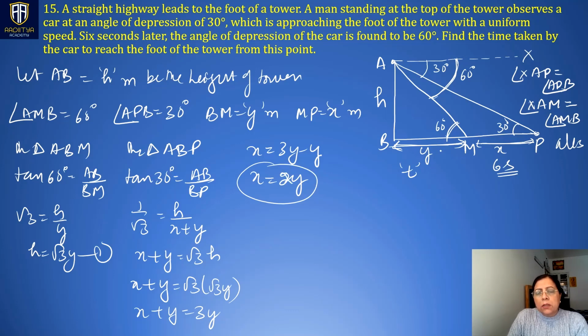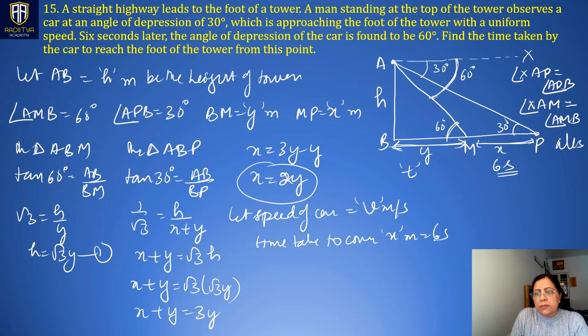Now see, the car is moving with a fixed speed. Let the speed of the car be v meters per second. Right? Now the time taken to cover x meters is equal to 6 seconds.